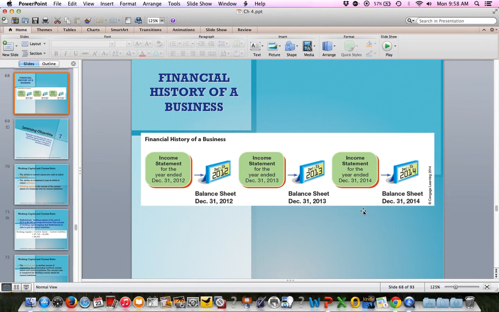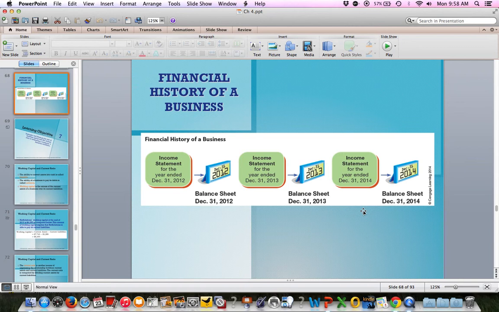Also just know that it says financial history of a business, and that includes, of course, all previous financial statements. So you can see here my income statement for December 31st says for the year ended. It's basically what was our total revenue and our total expense for the entire year.